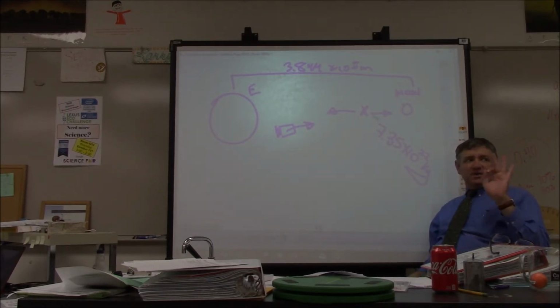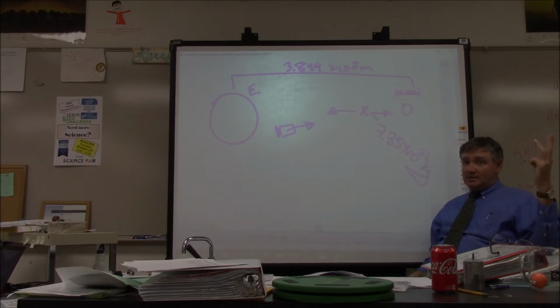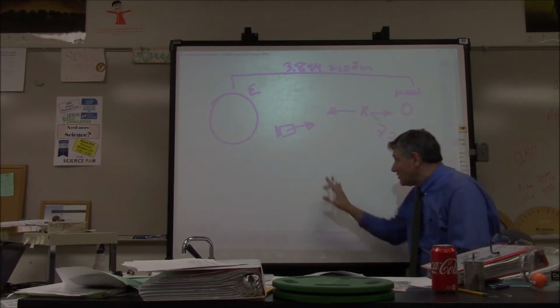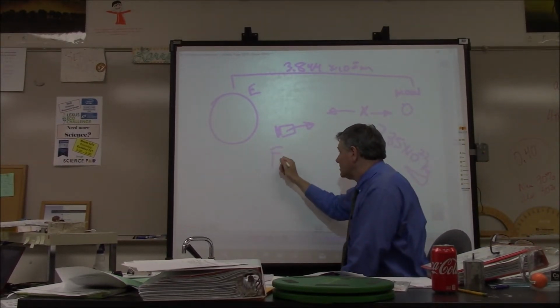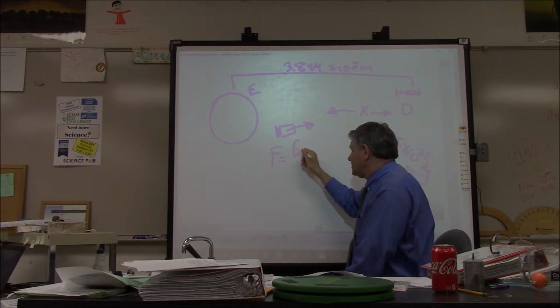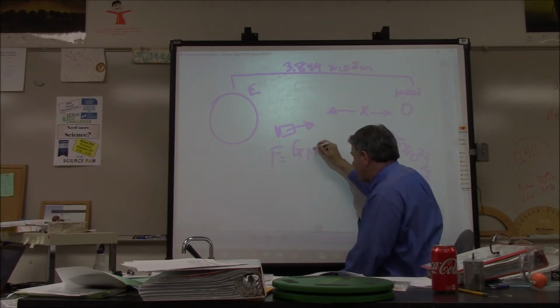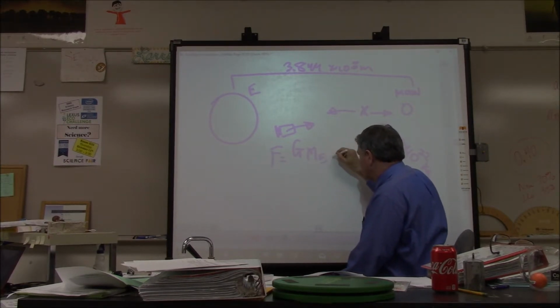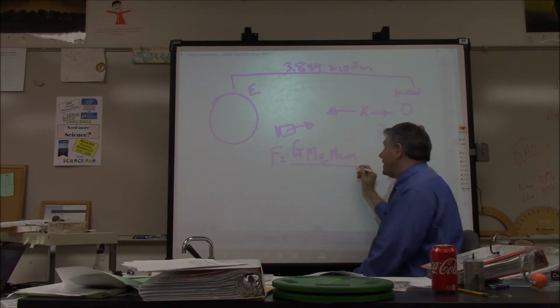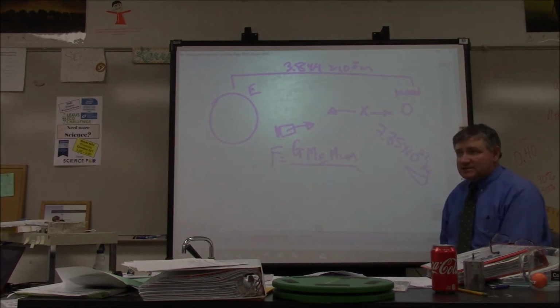I need to know how far apart they are, the mass of the Earth, and the mass of the Lunar Command Module, right? So that force is going to equal big G, the mass of the Earth, the mass of the Lunar Command Module. Now, I don't know what that distance is.